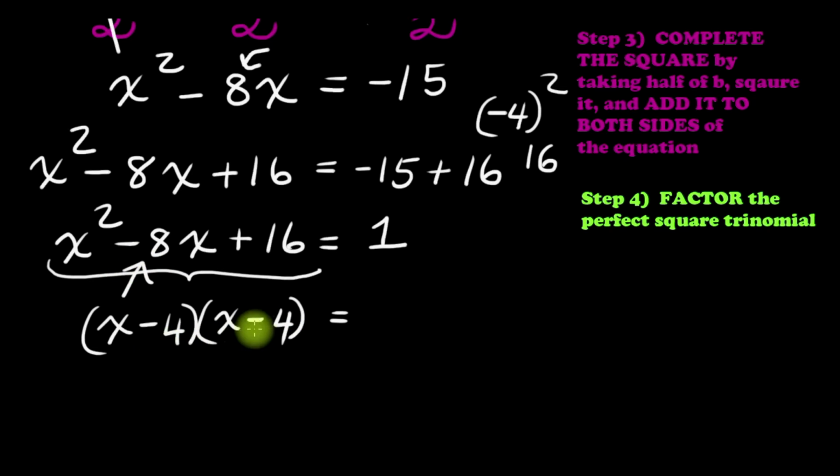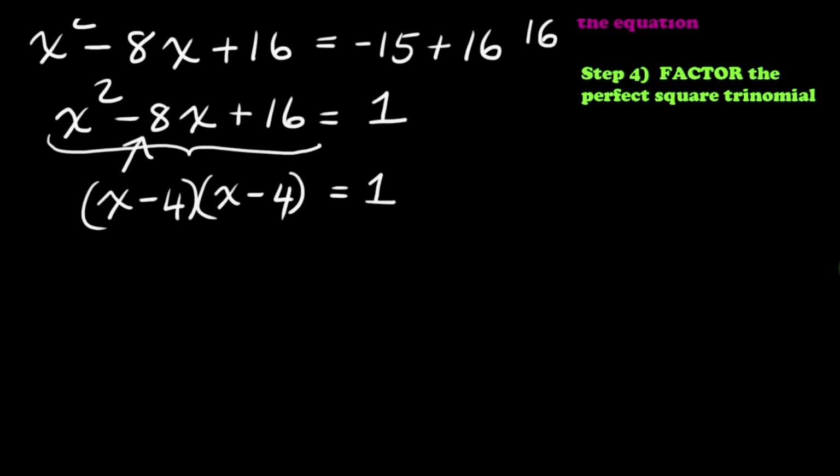So we need a negative 4 and a negative 4. So we factor the perfect square trinomial into x take away 4 times x take away 4.